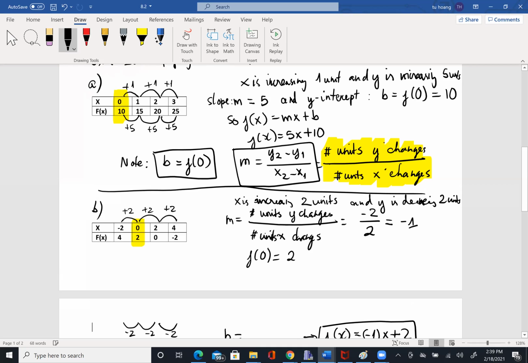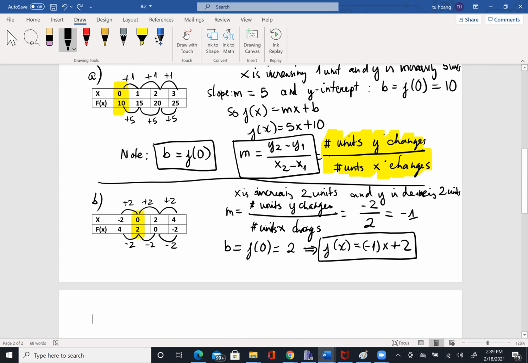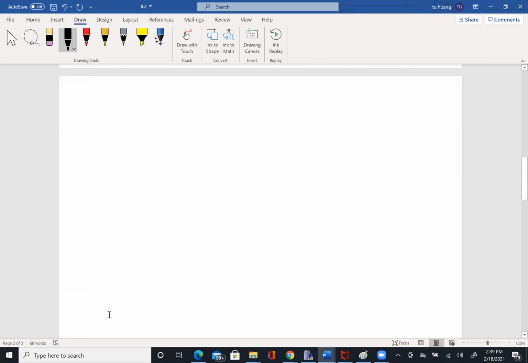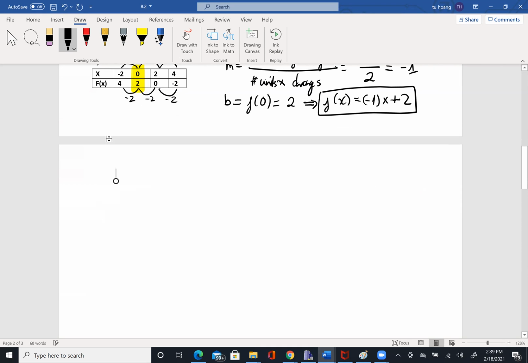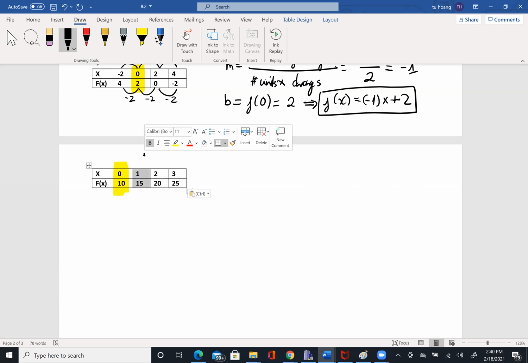Okay, so let's move to the next column, C. Okay, let me clean this up.